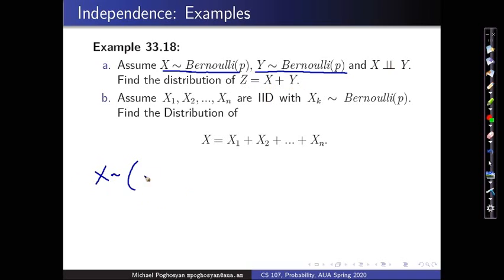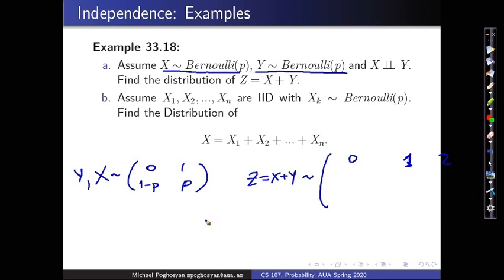So X is taking two values, 0 and 1, with probabilities 1 minus p and p, and Y is taking the same values with the same probabilities. Now Z is X plus Y, so it is taking values 0, 1, 2, and now we need to calculate probabilities.